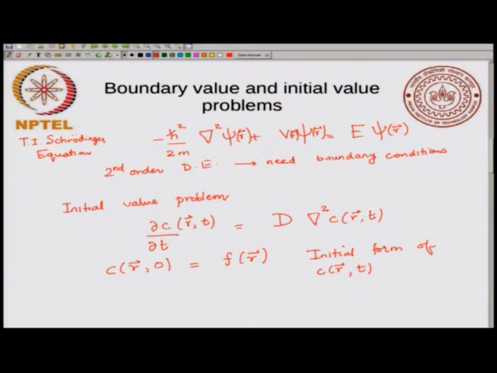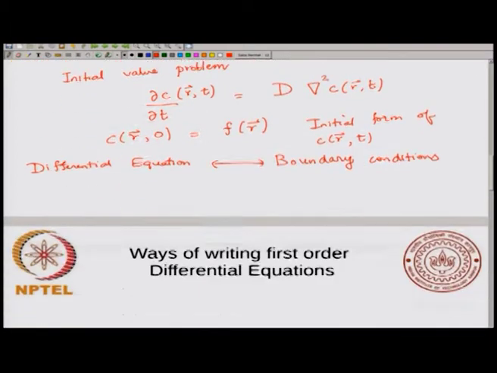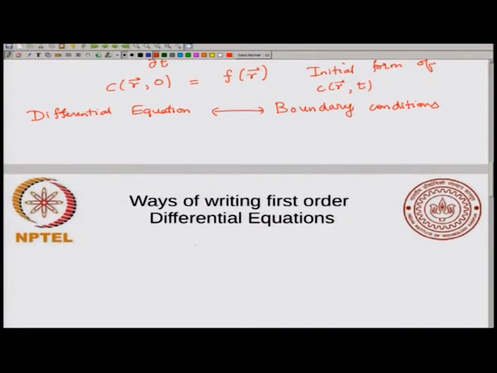So, you can have both boundary value problems and initial value problems, and essentially a differential equation is related with what is called boundary conditions. Okay. So, boundary conditions are part of the specification of the differential equation, and this will be clear when we write down certain differential equations.